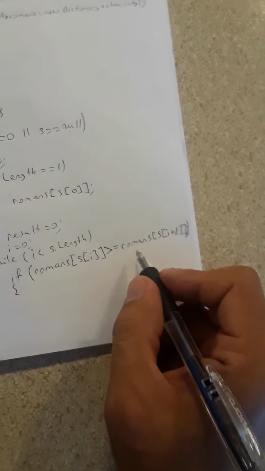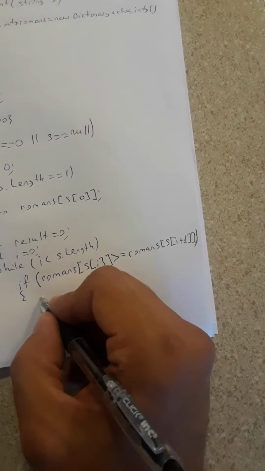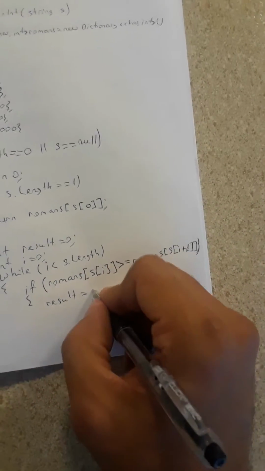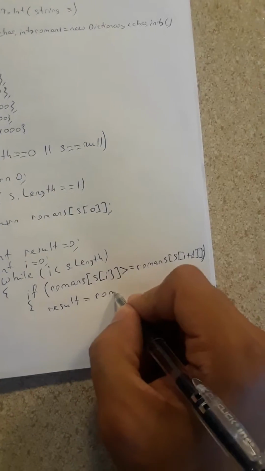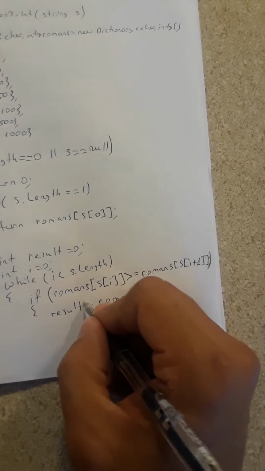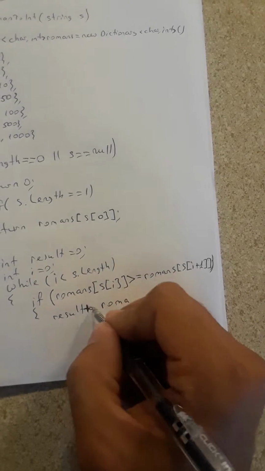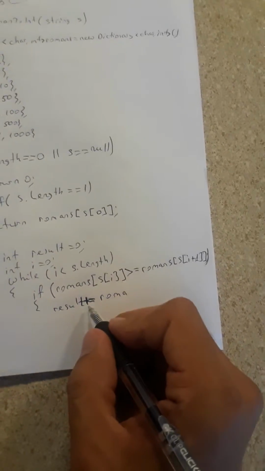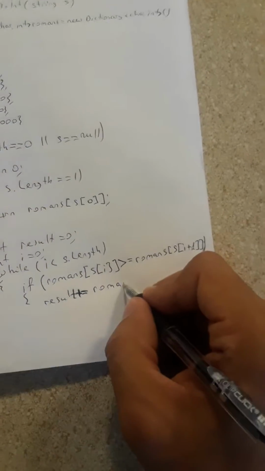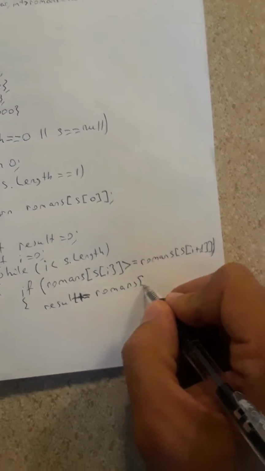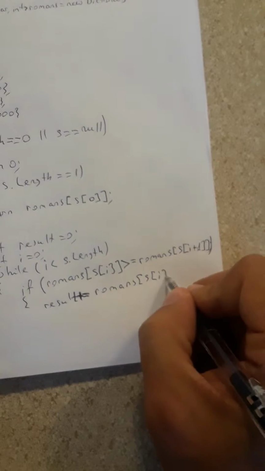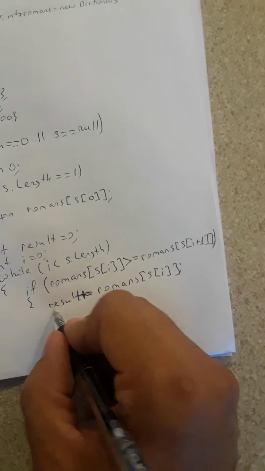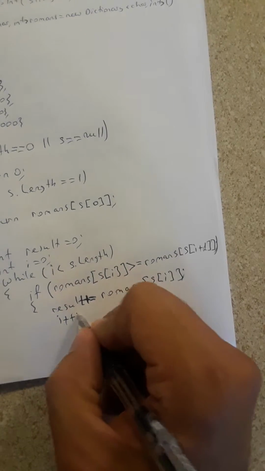If it's greater, we'll keep adding the value from the dictionary to the result, so we're adding up the values from the dictionary. And we will increment I by 1.